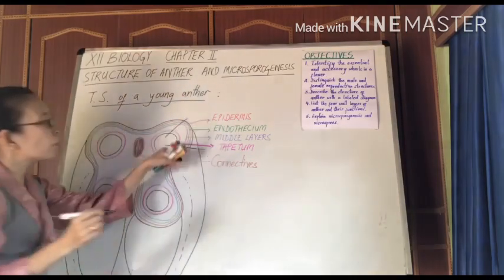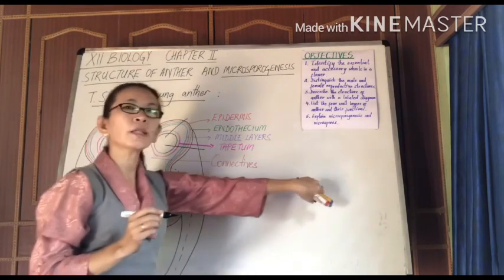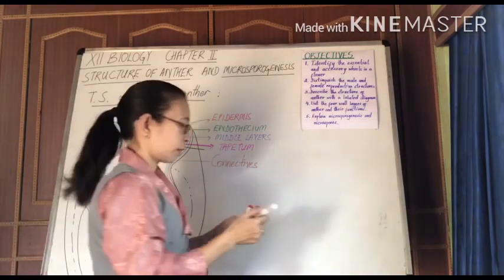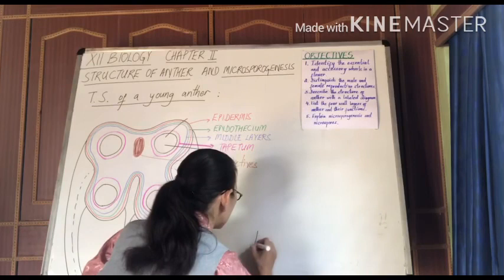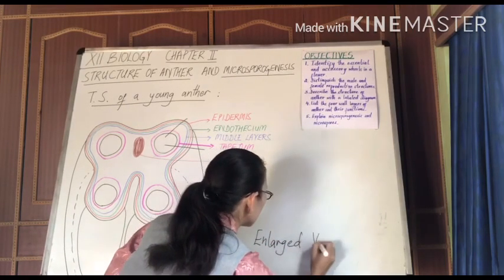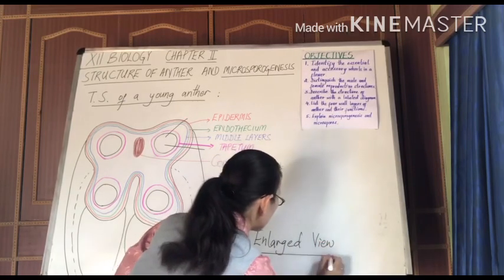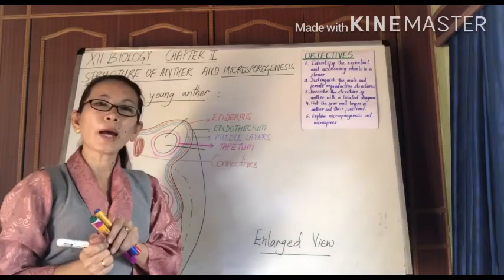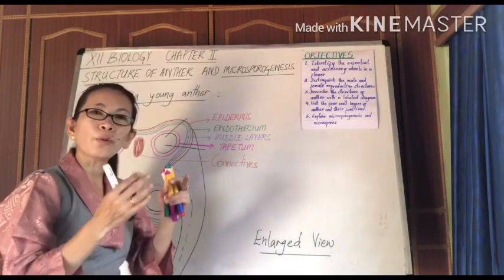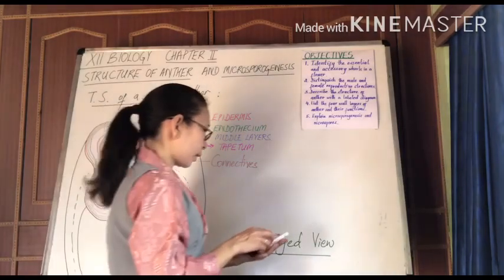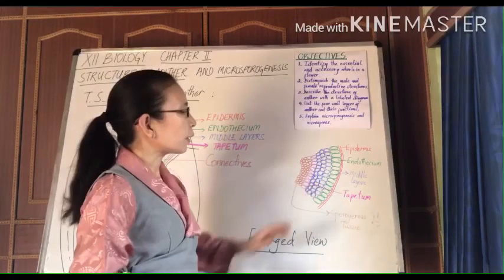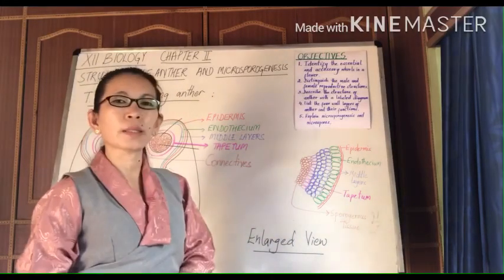So let's take a blowout of this region and draw it here with the different cell layers. I'll be drawing the enlarged view of a microsporangium with the 4 wall layers, right? In the enlarged view, I've shown the 4 wall layers specifically.